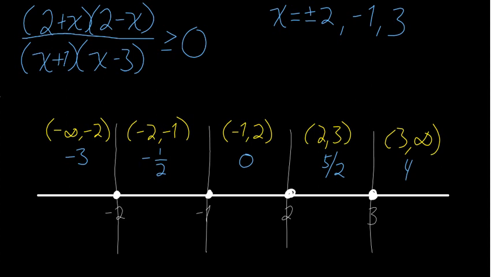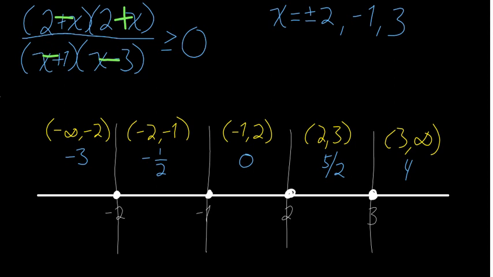Plugging in a negative 3. If I plug in a negative 3, I'm going to plug in here, here, here, and here. I'm going to go left to right on my top and left to right on my bottom. So if I plug in a negative 3, this becomes a negative, this becomes a positive, this becomes a negative, and this becomes a negative.